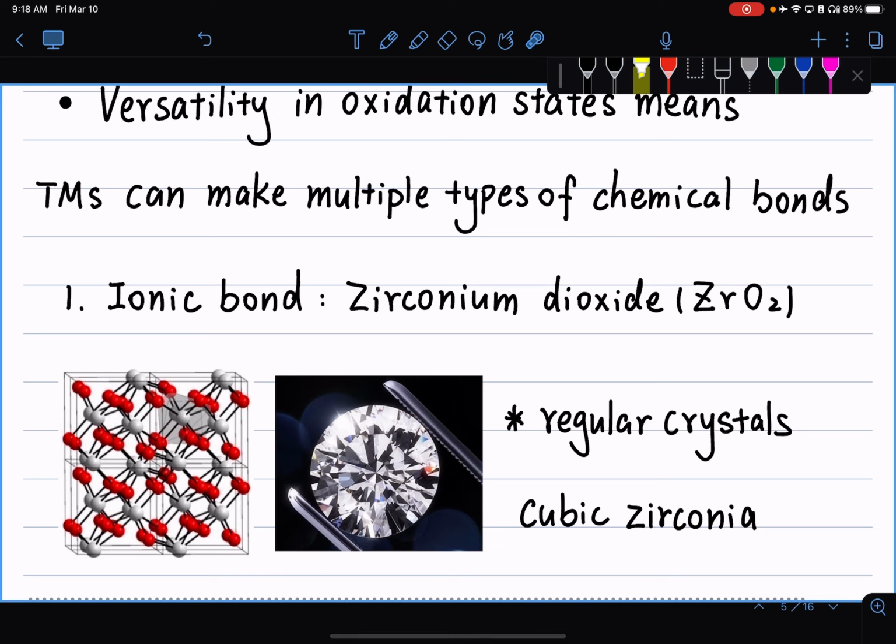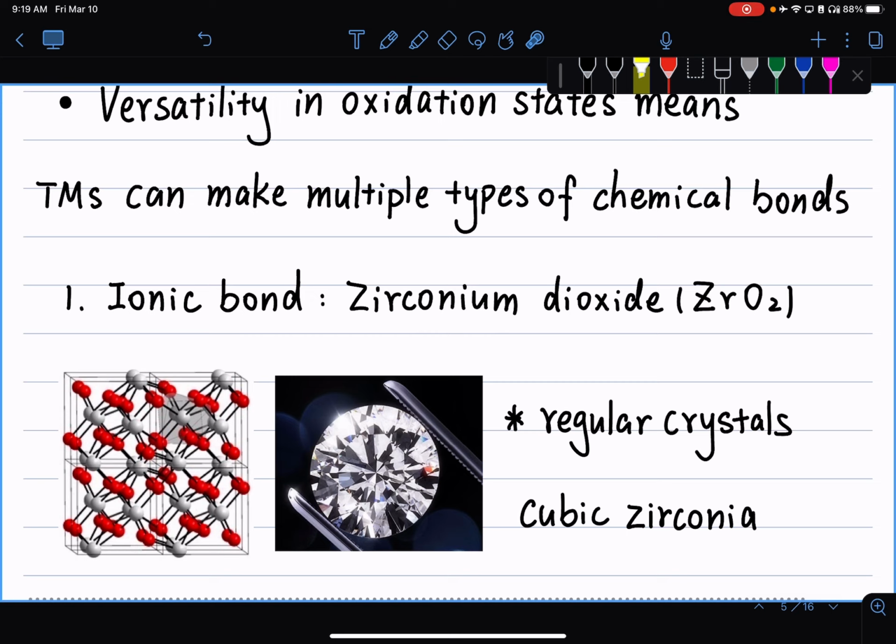Ionic bonds are also available in transition metal complexes, forming crystalline-like complexes. I'm just showing here zirconium dioxide, or ZrO2. In zirconium dioxide, these crystals have ionic chemical bonds between zirconium, which is a transition metal, and oxide.